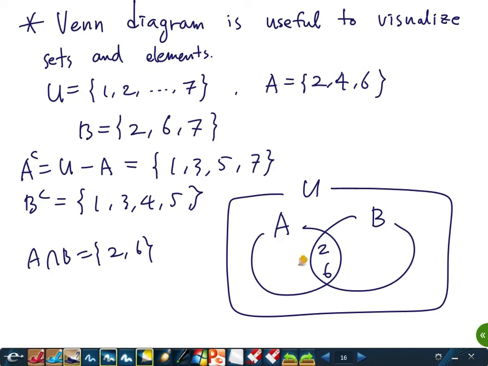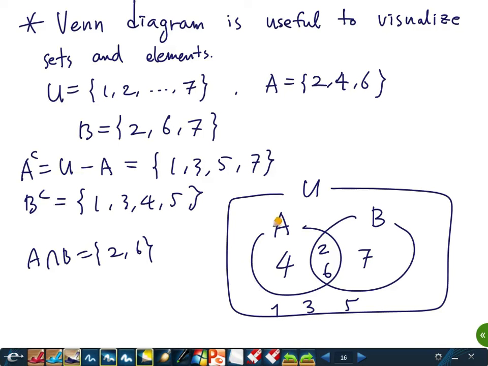For the remaining part of A, we write elements not in B. So 4 goes here. And the elements in B which are not in A are going to be 7. And the remaining elements, 1, 3, 5, will be drawn outside of this region. So this is the Venn diagram of these sets.